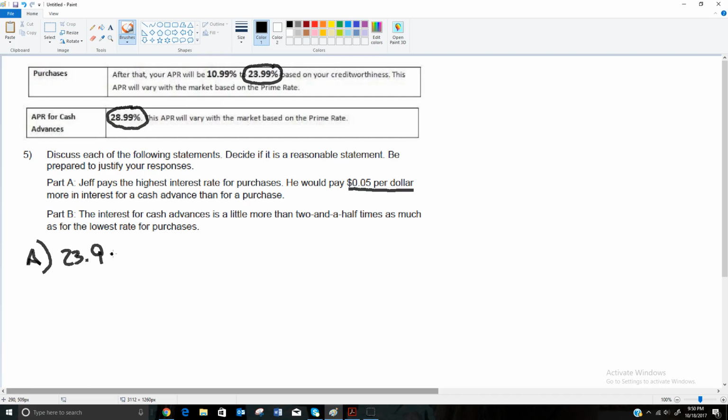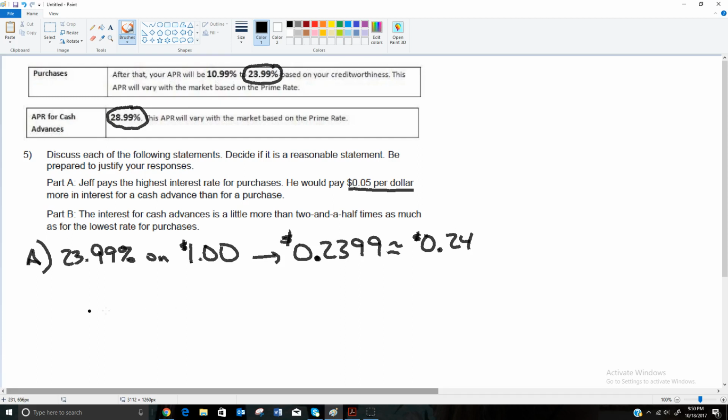So 23.99% on $1 calculates out to be 23.99 cents, so almost 24 cents. I'll write it like that because that's a little unusual to have that many decimal places for money. So it's almost 24 cents.